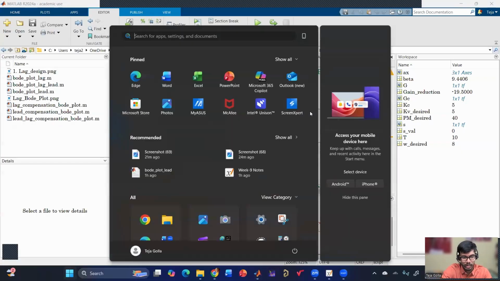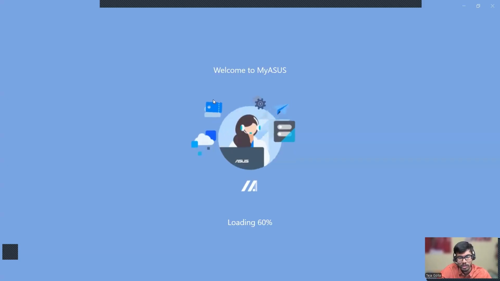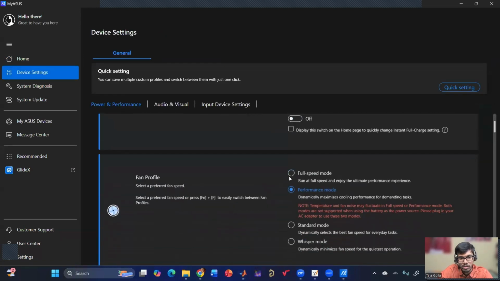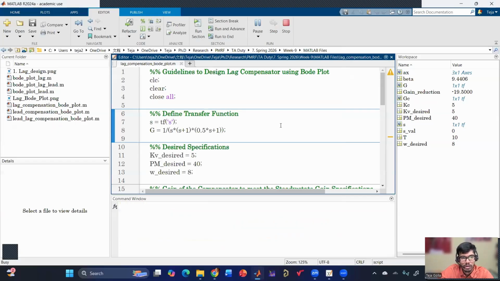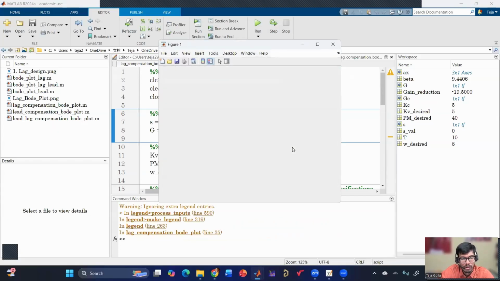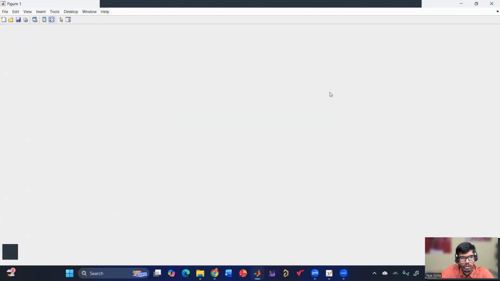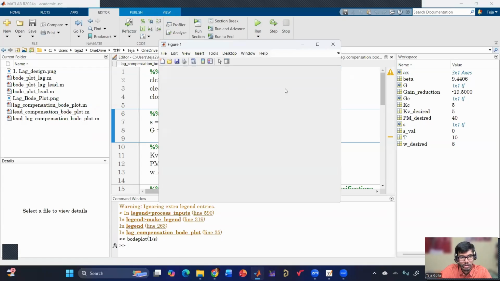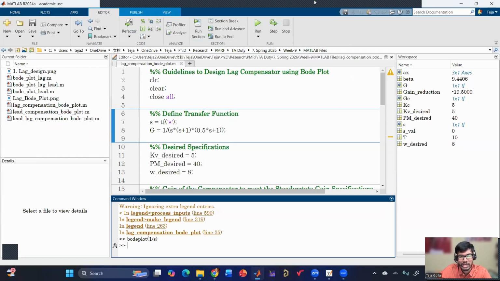There's some issue with my MATLAB. I think there seems to be some problem. I'll restart the meeting and see whether it is a meeting issue or whether my laptop is getting loaded.